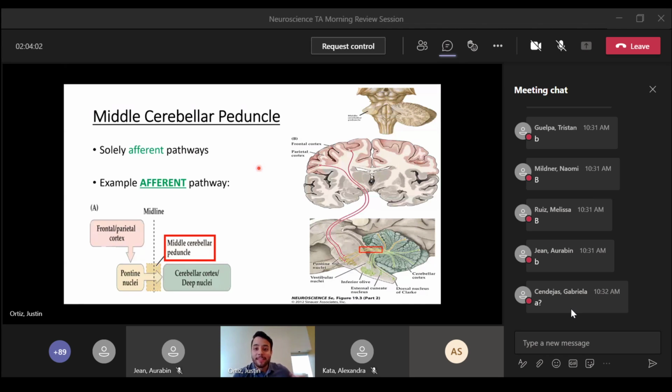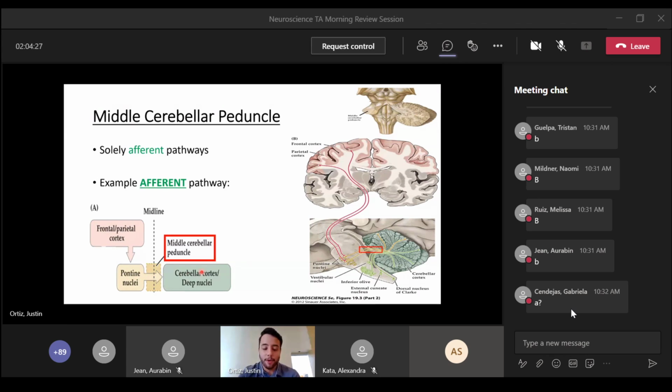Remember, afferent means sensory information coming to the cerebellum. And it's mostly just one single pathway, indicated below. The frontal cortex and parietal cortex say, I want to make this type of movement. The frontal cortex sends a signal to the pontine nuclei.